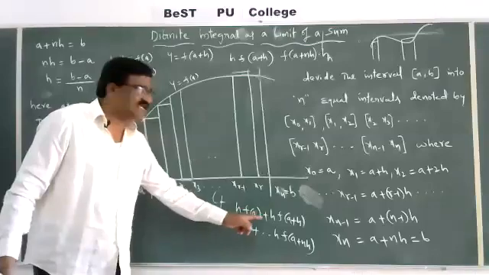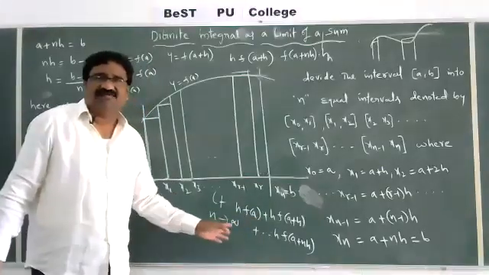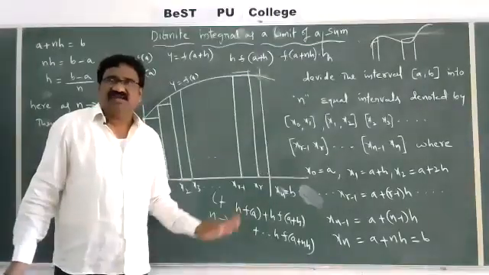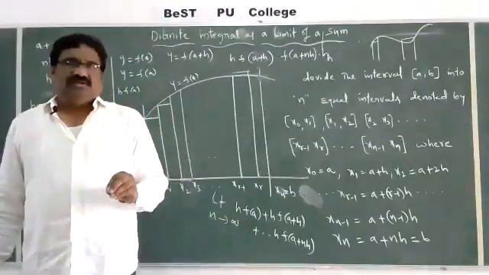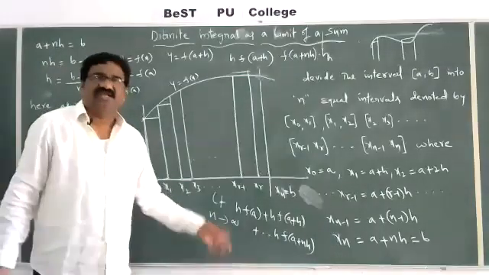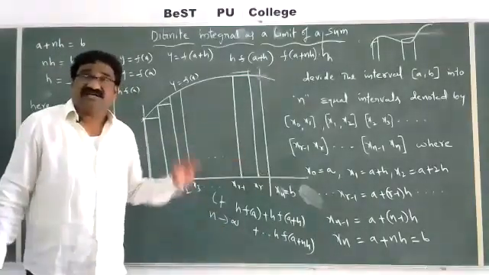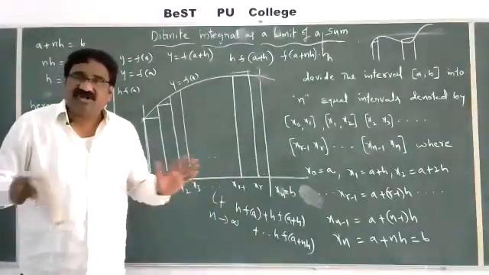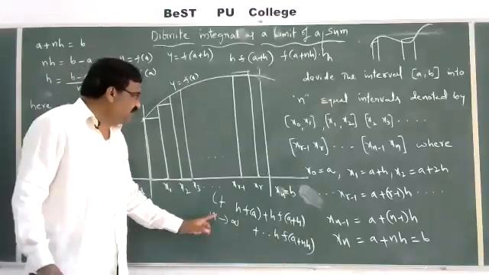You are taking h as common. Then apply the limit value. Then you get the sum of the areas. We don't know the n value perfectly. That's why we are taking n tends to infinity. Infinite intervals are here. That's why you are going to the summation of these areas, which is limit n tends to infinity.